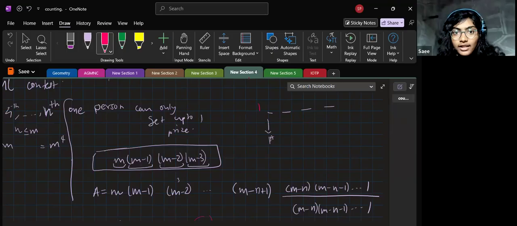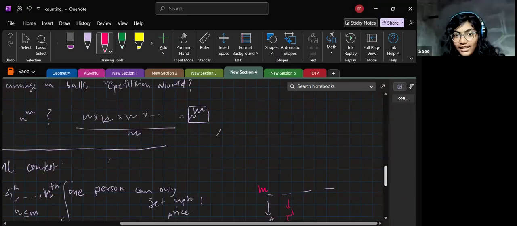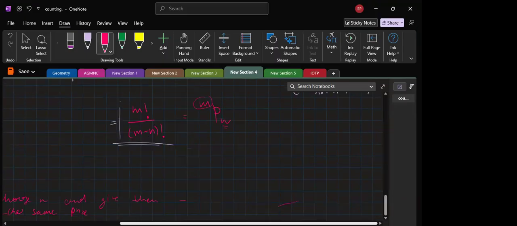So you can either give the first prize to the first person or the second person or the third person and so on until the mth person. Now you want to give a prize to the second person. How many options do you have to choose the second person? Oh, yeah. Thank you. I understood this thing. Now we can move forward. Okay, good.